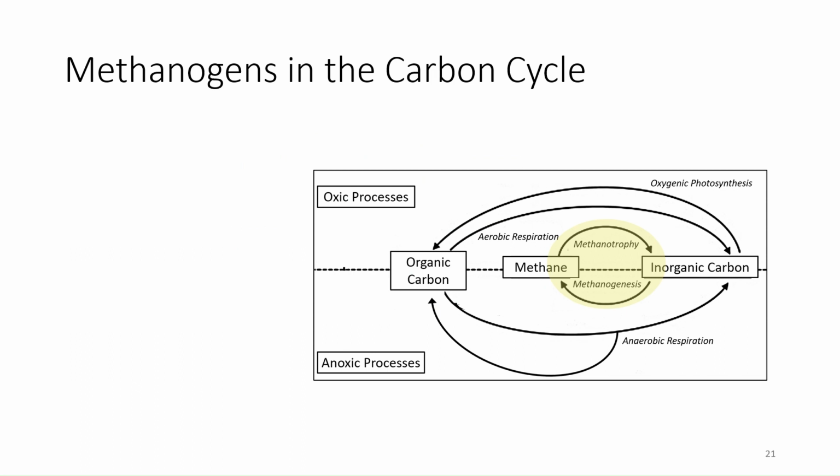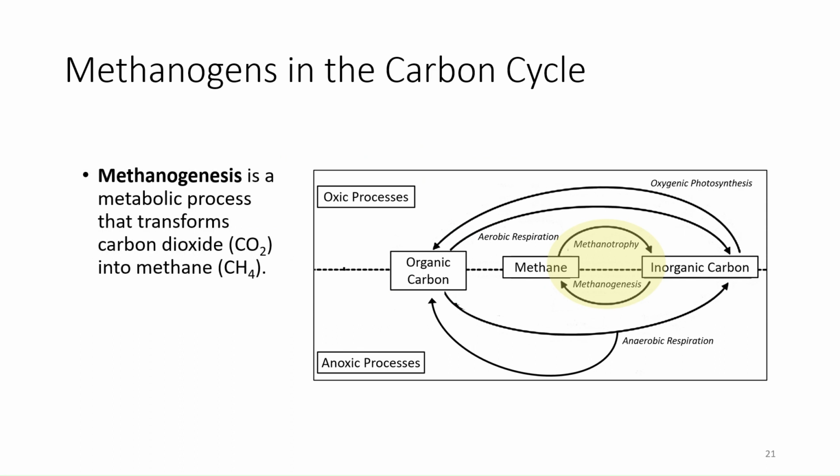And again, just to show you methanogenesis taking place here. In the absence of biomolecules or organic carbon, we can take carbon dioxide and reduce it into methane. And then we also have methanotrophy, which is part of this biogeochemical cycling, where we turn methane, in the presence of oxygen, back into inorganic carbon. So methanogenesis, genesis being create, turns CO2 into CH4.